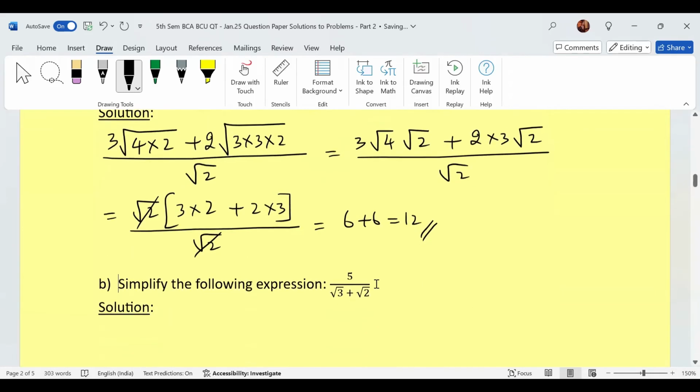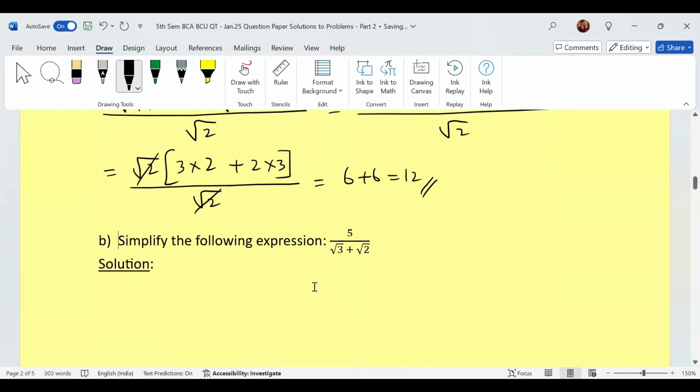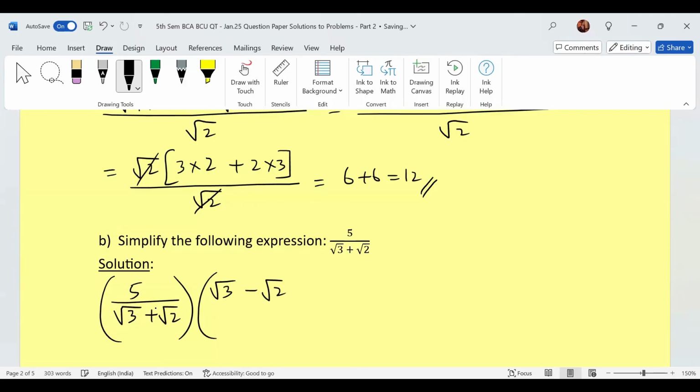Simplify the following expression. 5 divided by root 3 plus root 2. So we will rationalize the denominator by multiplying it with the denominator's conjugate. Denominator's conjugate will be opposite sign in between. So minus root 2. Here root 3 minus root 2.